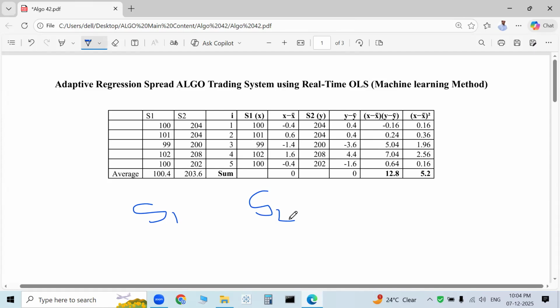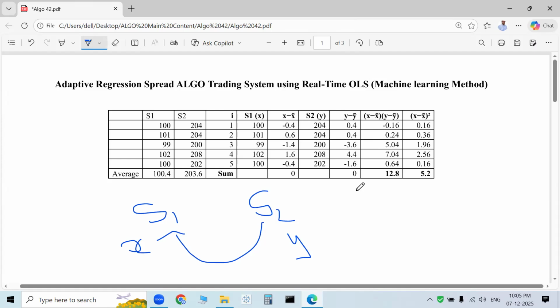First we take a very simple logic that one stock follows the other stock, which we already know by observation. We take the stock which follows stock number 1. This is Y and this is X. And we get a very simple mathematics of machine learning called linear regression. It is called adaptive because it continuously changes the logic of regression if the spread becomes positive or negative.